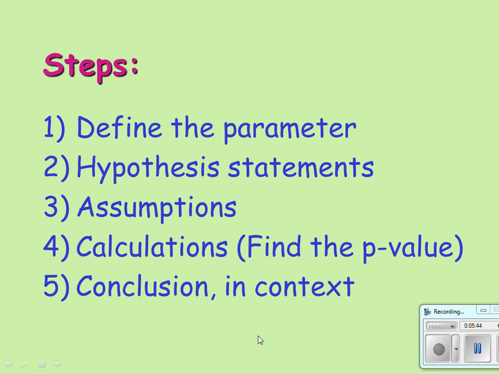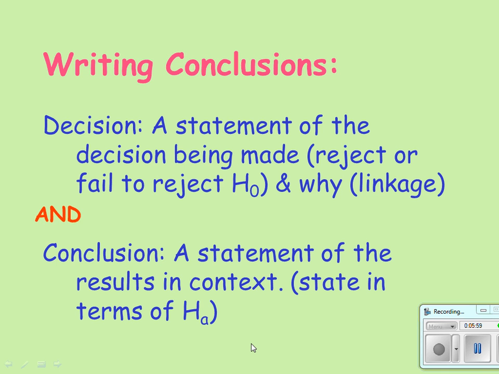Okay, so we've talked about the parameters, the hypothesis statements, the assumptions, and the calculations. So let's go to the end now and talk about the conclusion in its context. There are two things we must do when we're writing conclusions with our hypothesis statements. The first is we have to make a decision and write about it.